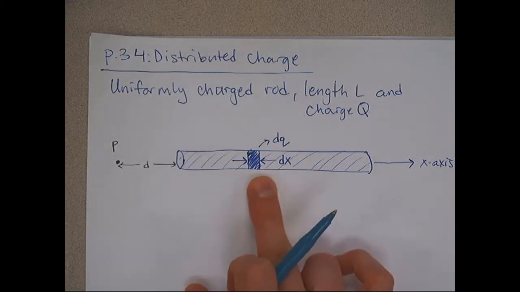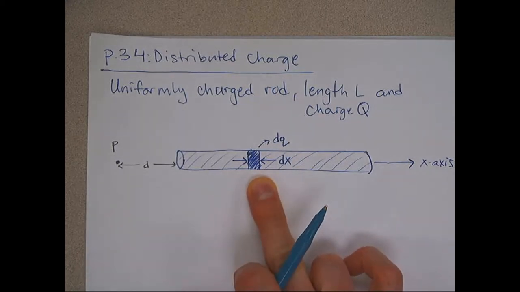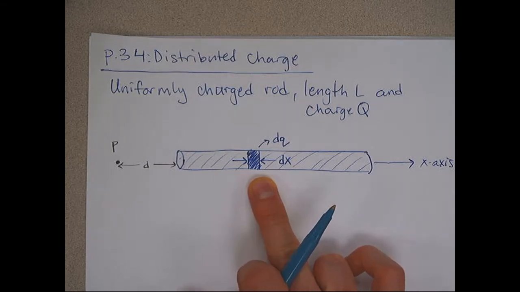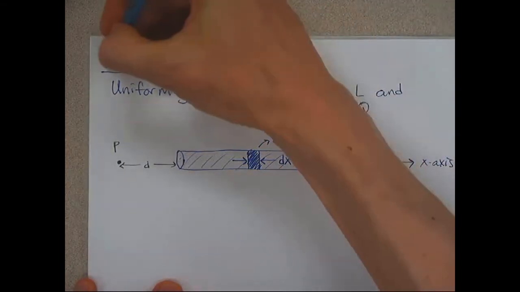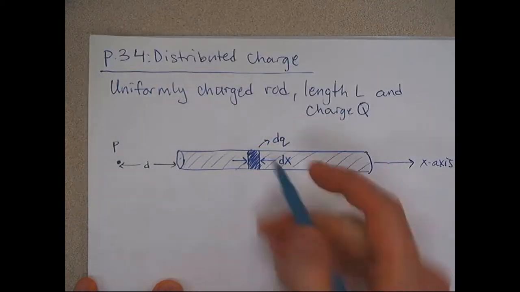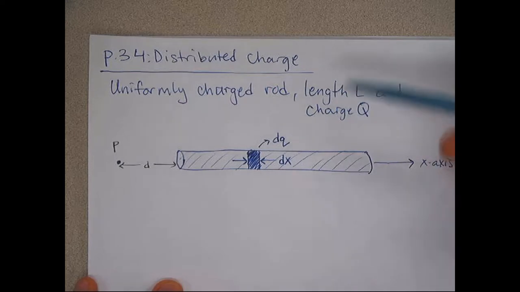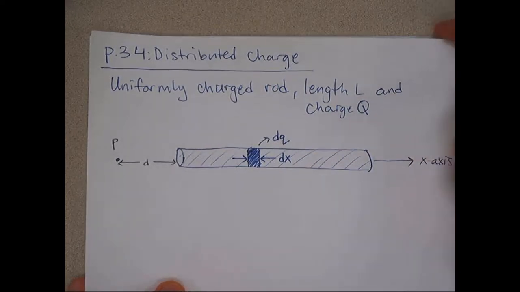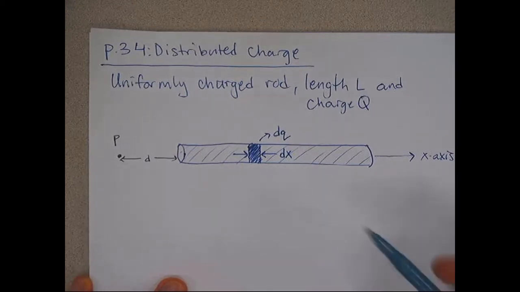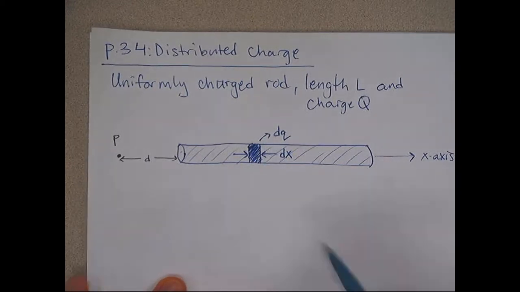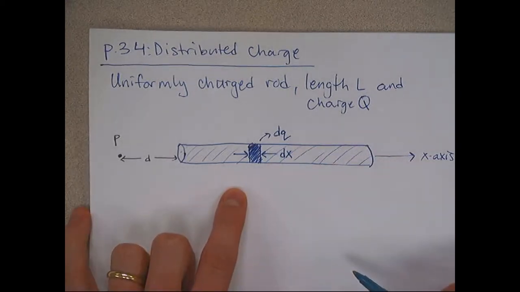It attains this differential or infinitesimal width, which is the smallest mathematical quantity that you can deal with. Make sure you get comfortable with the differential quantities, physical quantities of length, charge, current. We're going to use them throughout this course, and you should definitely ask in class if you're concerned with your understanding of the differential quantities.